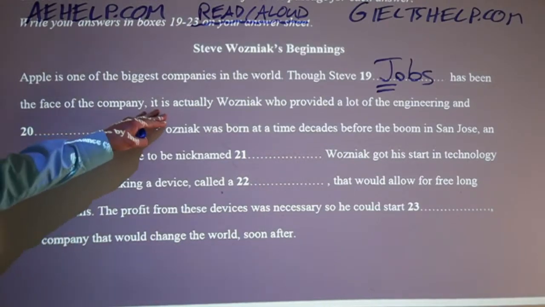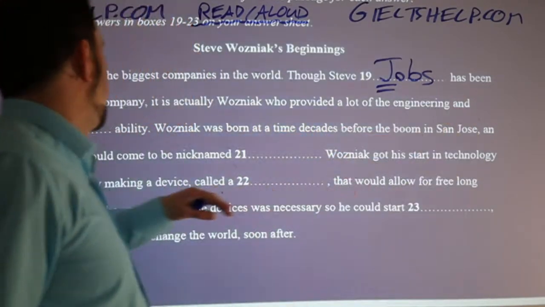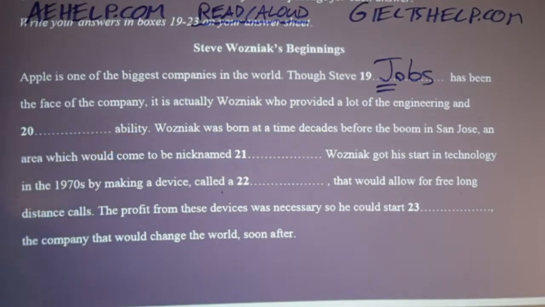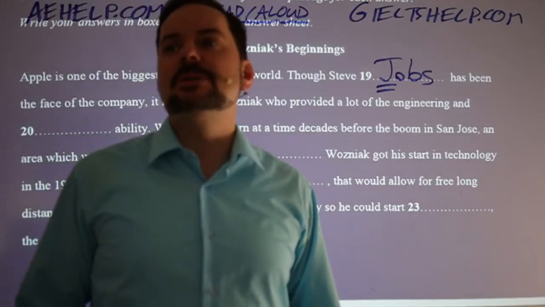It is actually Wozniak who provided a lot of the engineering and something ability. What kind of ability did Wozniak provide? So what kind of ability? Irfan says technical. Yes, but it's not going to be correct, Irfan.